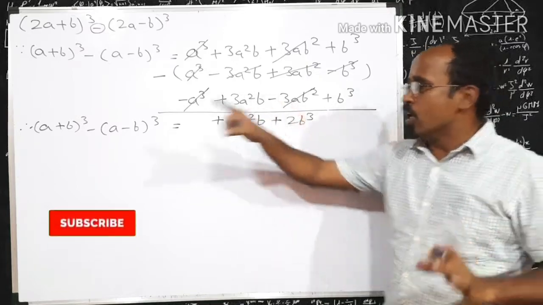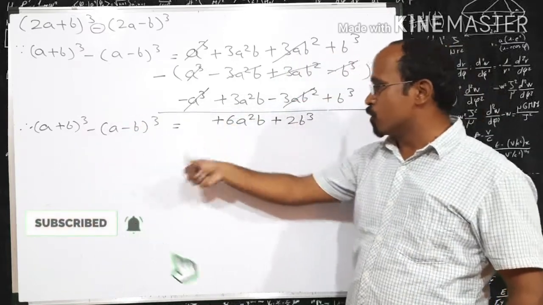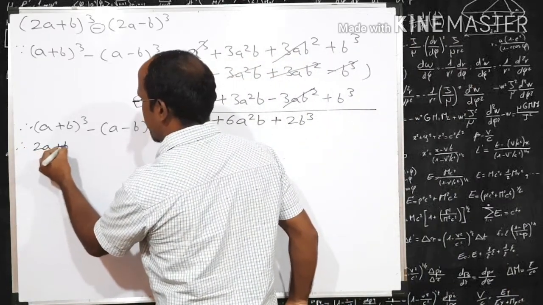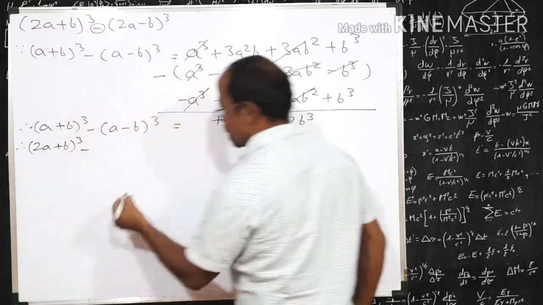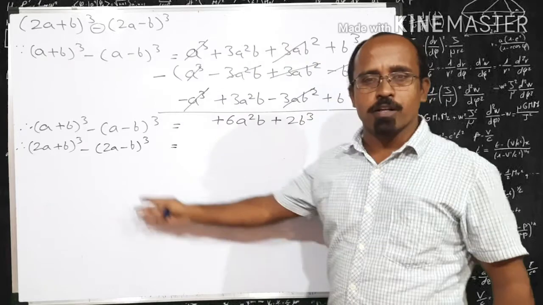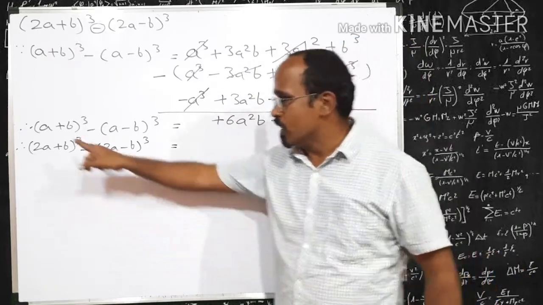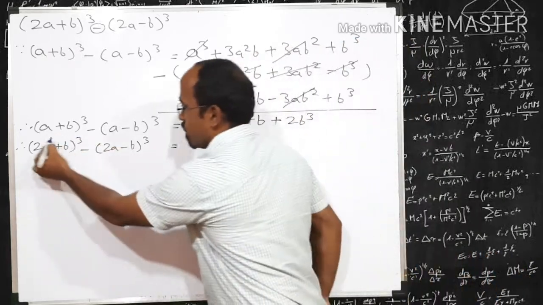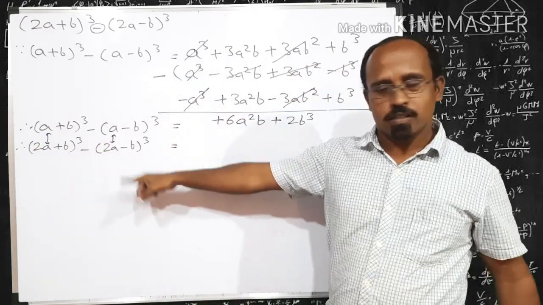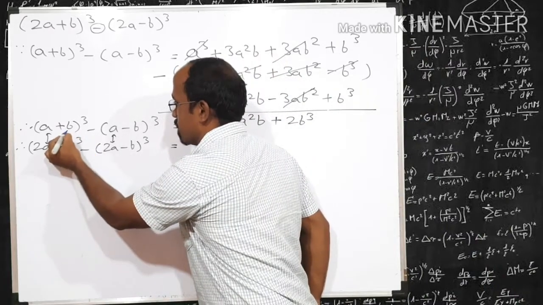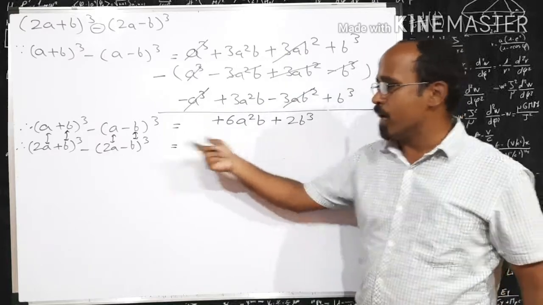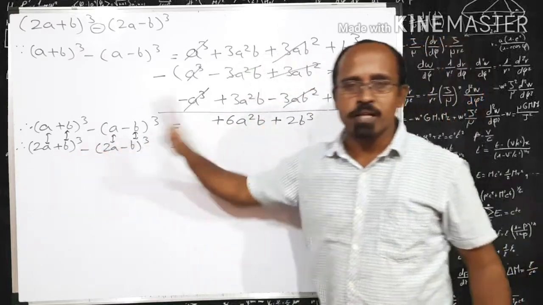Clear, friends? If (a + b)³ − (a − b)³ is this, then what will be (2a + b)³ − (2a − b)³? Now friends, just by observation you will come to know that this a can be replaced by 2a. See, wherever a is coming, just below that 2a is there, right? Wherever b is there, this b can be replaced by b itself. So let's replace a by 2a and b by b itself.